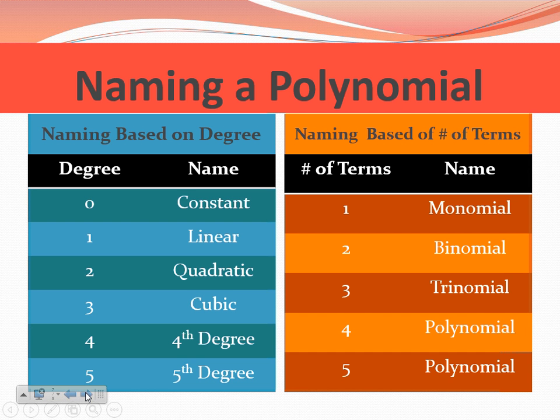So we're going to put these together. You may look at something and it may be a constant monomial, or you might have a cubic binomial, or you might have a quadratic trinomial. Does that make sense? So it'll have a first name and a last name based on its degree and based on its number of terms. We're almost finished. We just got to put it all together.